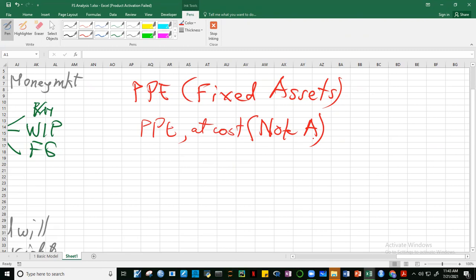So usually yung summary lang. Kaya nga importante, guys, yung notes to the financial statements kasi doon linalagay yung mga details. Kunyari may 10 buildings, tapos 50 equipment. So ina-itemize yan dun sa notes.